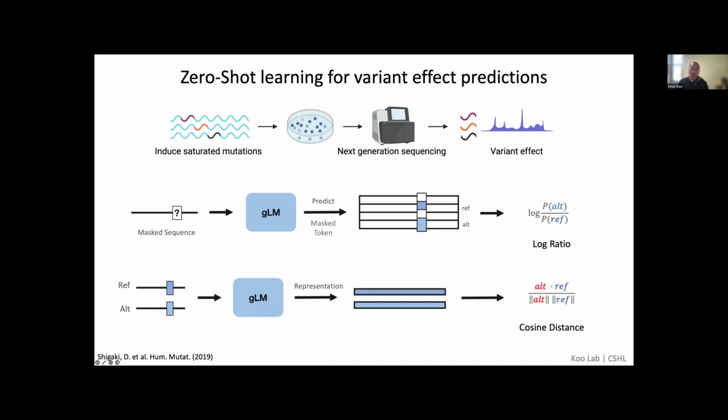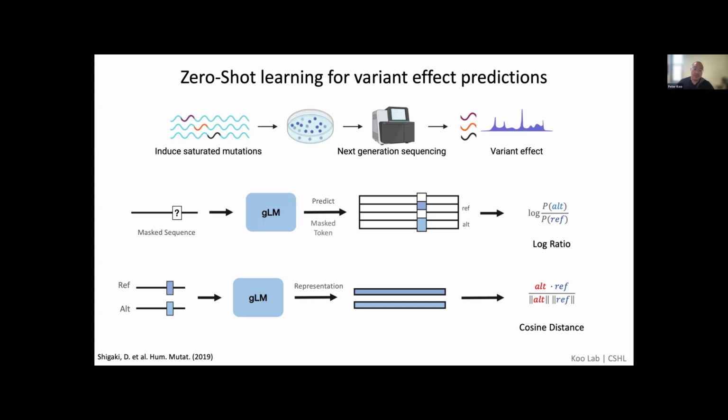So for our zero-shot strategy, we explore two methods inspired by the original gLM publications. The first approach, called the log ratio method, involves passing in a sequence with a mask token, and the gLM then predicts the mask token, and we calculate the log ratio between the predicted probabilities of the reference allele and the alternative alleles.